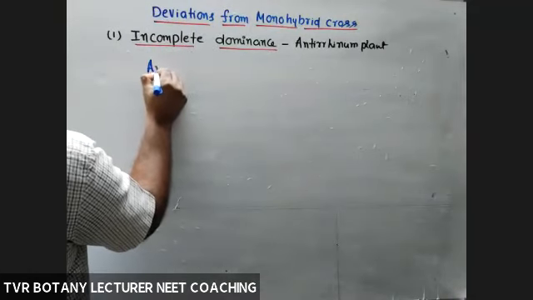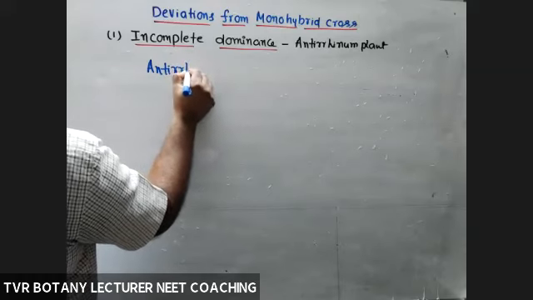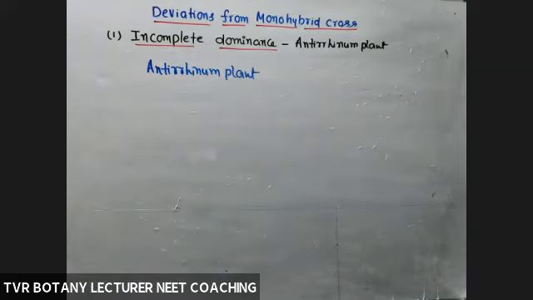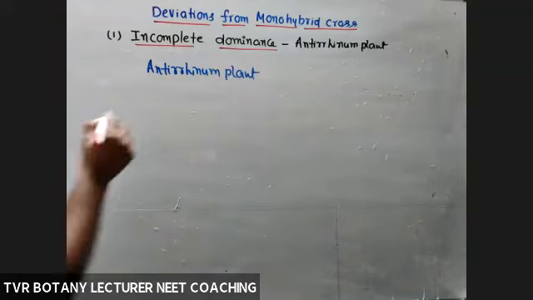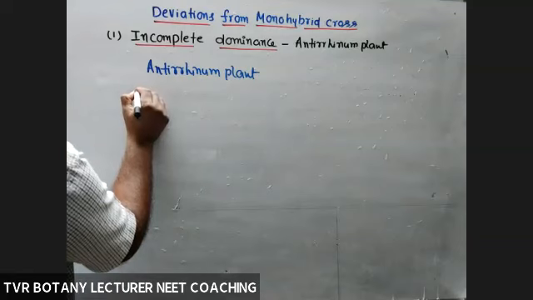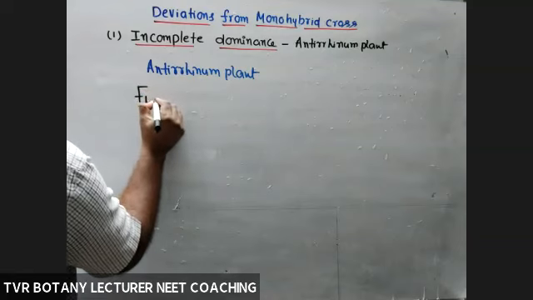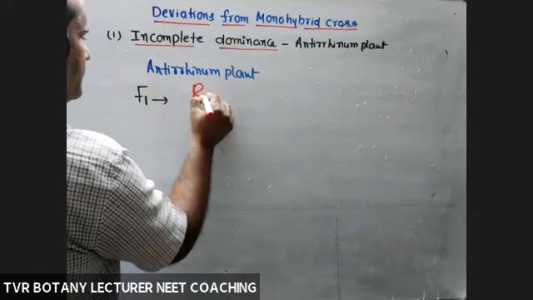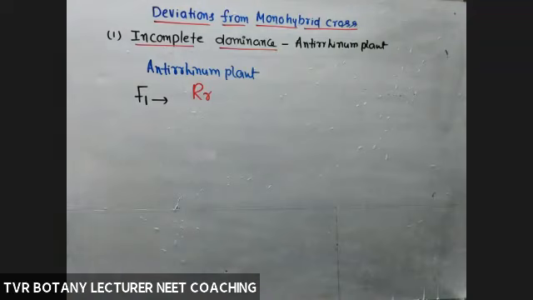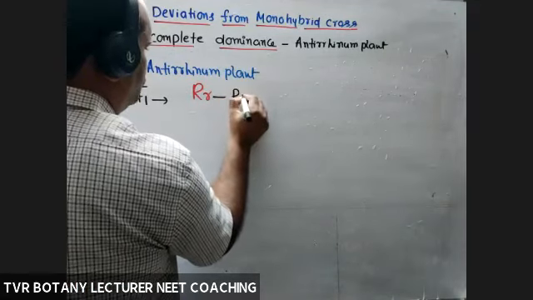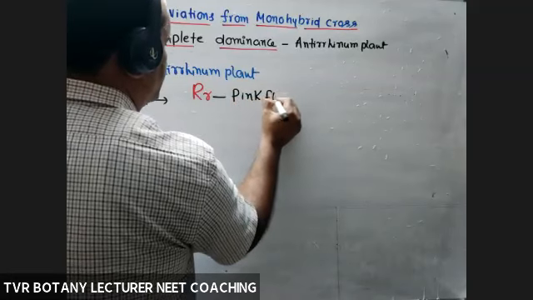In antirrhinum plant, F1, filial first generation, is with capital R small r genotype, heterozygous, like a Mendel monohybrid cross. But producing pink flowers.